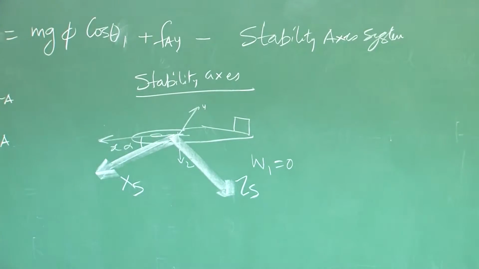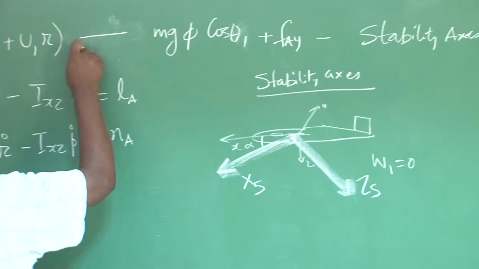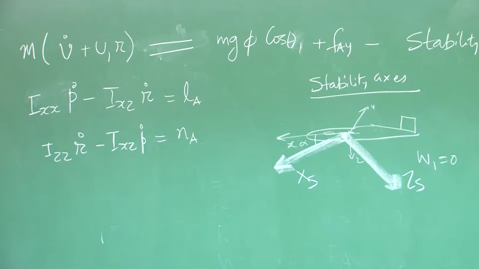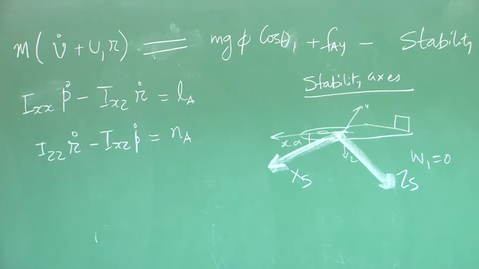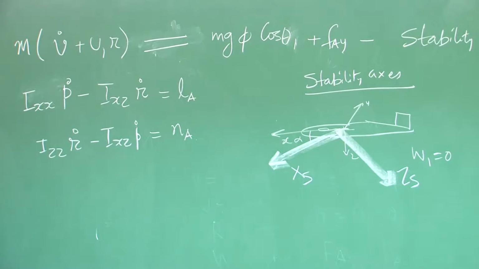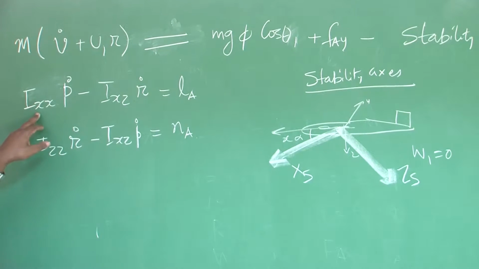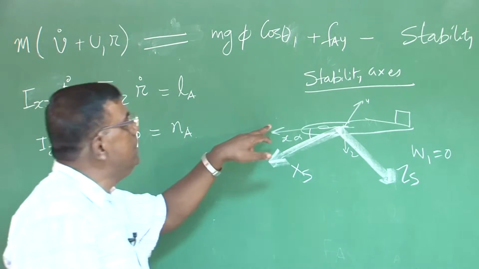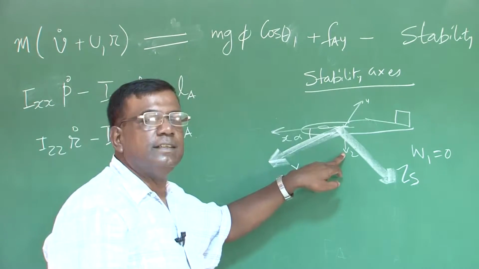Okay. So now the equation becomes much simpler. So I write this equal to this. And we should be careful that we are now using stability axis system. The moment I use stability axis system, please understand, earlier these Ixx, Ixz were about this x, y, and this z axis.